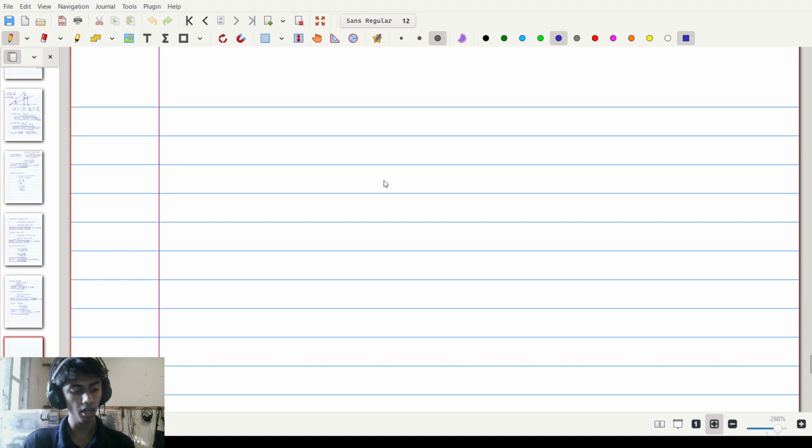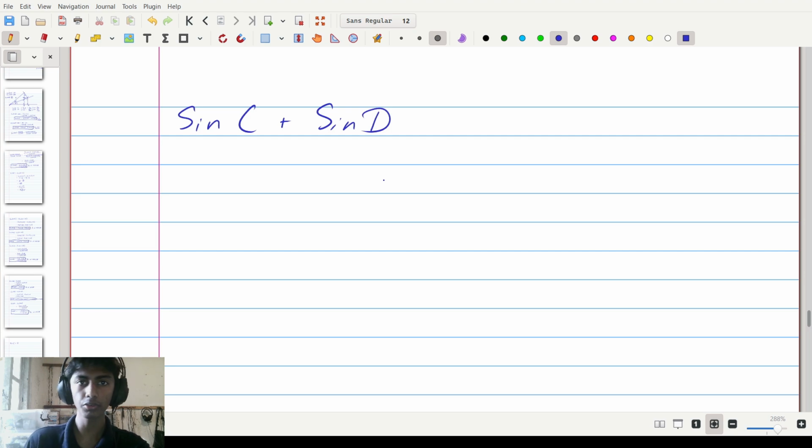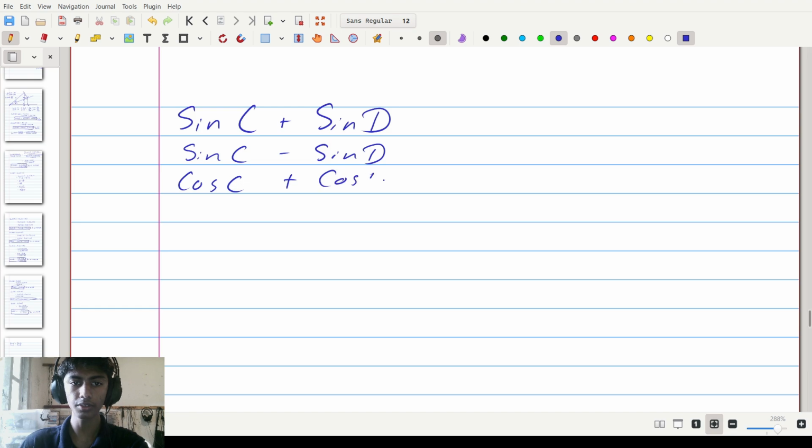They are how to write the sine of one angle, which I'll say C, plus the sine of another angle, which I'll say D. We're expected to know how to write this in terms of sine of some angles of C and D, cosine of some angles of C and D, and so on. Similarly, sine of C minus sine of D, cosine of C plus cosine of D, and cosine of C minus cosine of D.